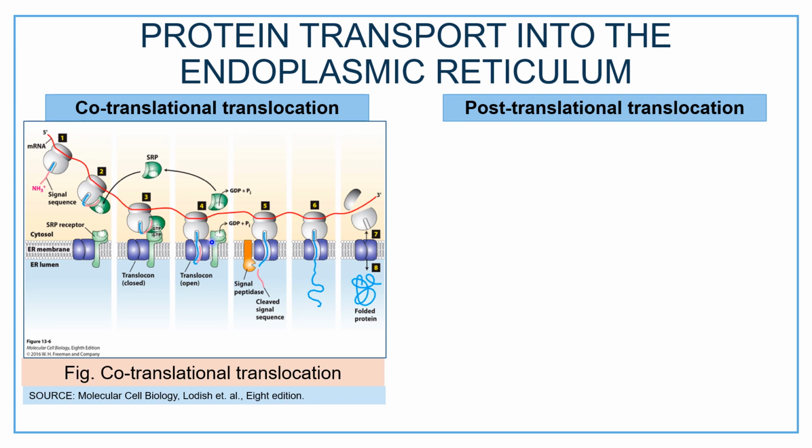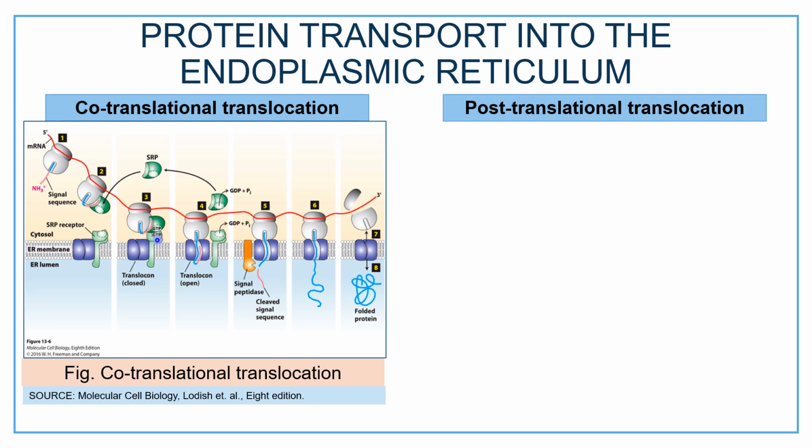In co-translational translocation, as the mRNA is being translated to protein, a cytosolic protein called signal recognition protein SRP binds to the signal sequence of a nascent polypeptide chain. The complex formed by the SRP, nascent polypeptide and ribosome then bind to the alpha subunit of the SRP receptor in the ER membrane.